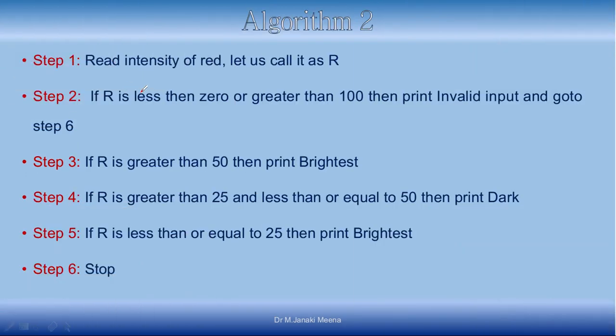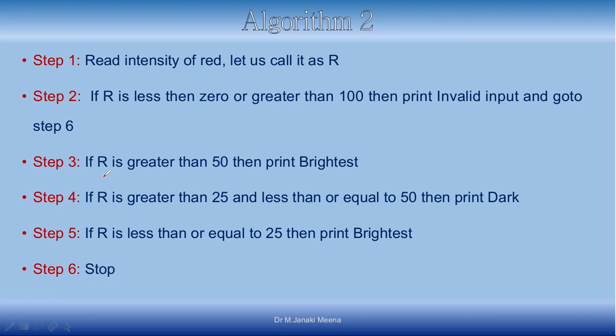Now the algorithm: read the intensity of red, let us call it R. You are going to check now if R is less than 0 or greater than 100, then in that case it is an invalid input. You can print that it is an invalid input and go to step number 6. Step number 6 asks you to stop.